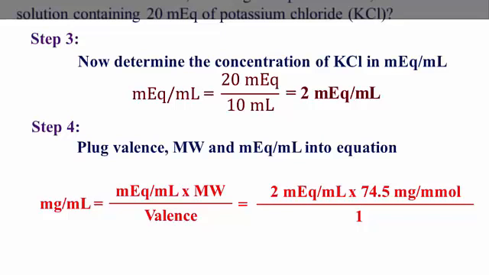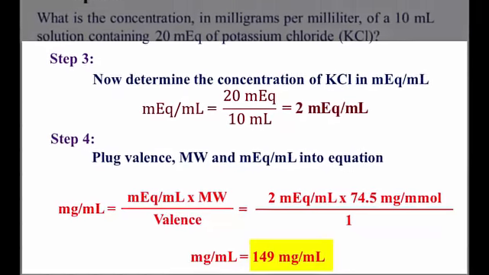And we have your milligrams per milliliter equal to 2 mEq per ml times 74.5 milligrams per millimole divided by 1, which is the valence. And that gives you 149 milligrams per milliliter.